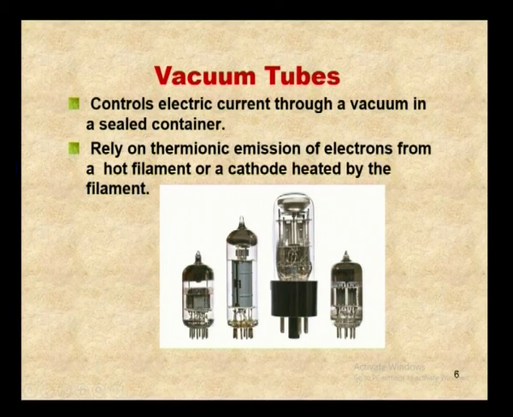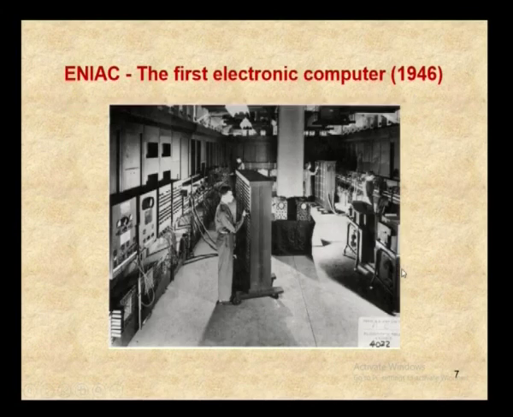Using these vacuum tubes, computers were then built, and in 1946 the first electronic computer was built in University of Illinois. You see here the first electronic computer, built in 1946. You can see it is so huge and it consumed kilowatts of power.